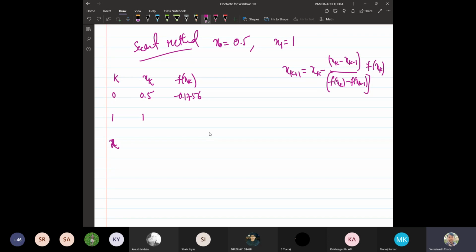And f at x1 is what? e power 1 minus 1, so that is 1.718. So now substitute all these values here and give me what is k is equal to 2, x2.